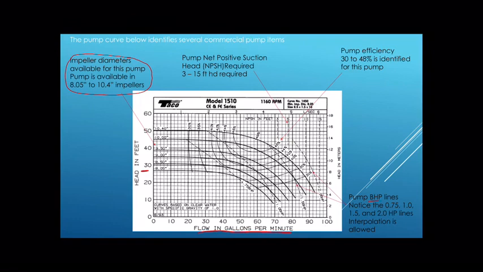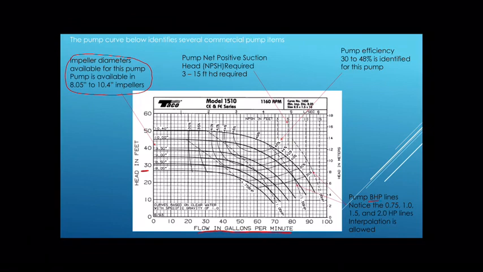And then, of course, these are also fairly important, the brake horsepower lines. You'll notice that that's just giving us a rough idea so we know what size motor to pick. So that's typically the way we would be doing this. Very, very basic, very similar types of systems.